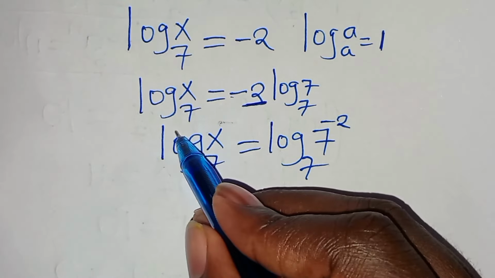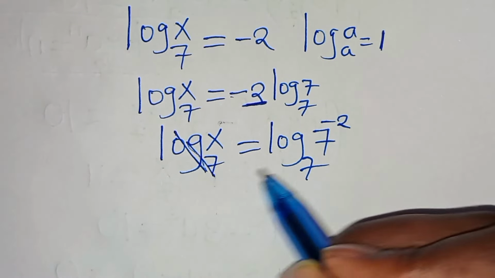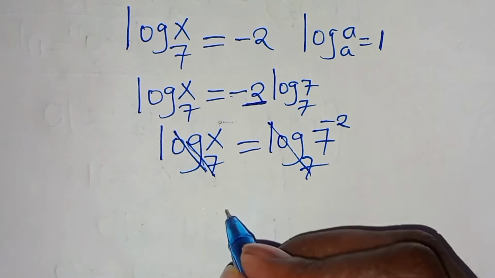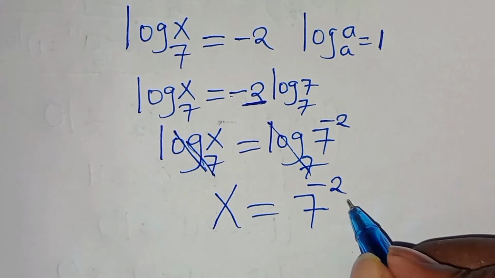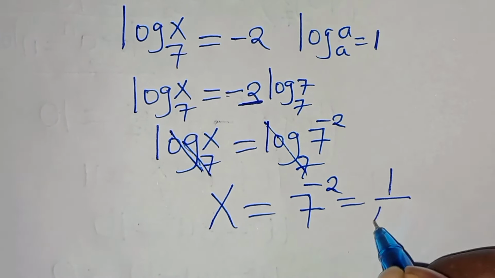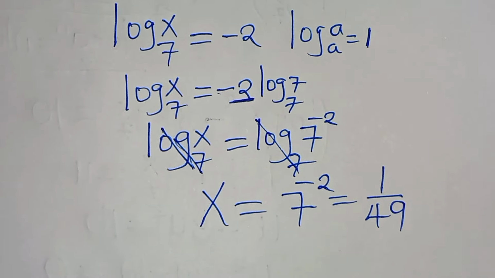So log x to base 7 here, this one simplifies so that now x is equal to 7 to the power of minus 2. And this is the same thing as 1 over 49.